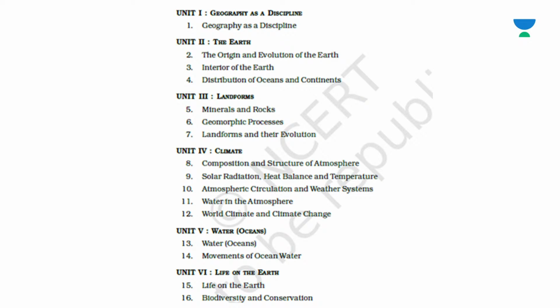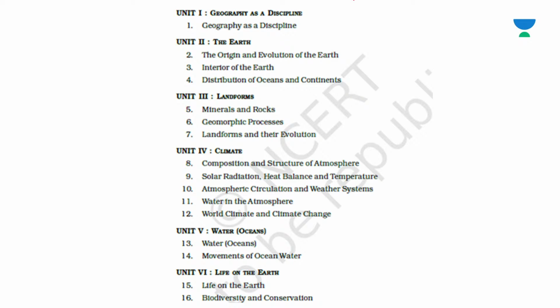Now, let's start with atmospheric circulation and weather systems. So here friends, in this unit of climate, we are discussing atmosphere, insolation, pressure, precipitation and world climates.